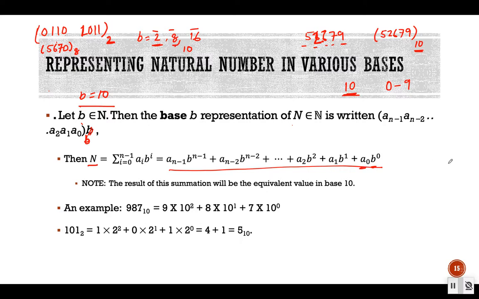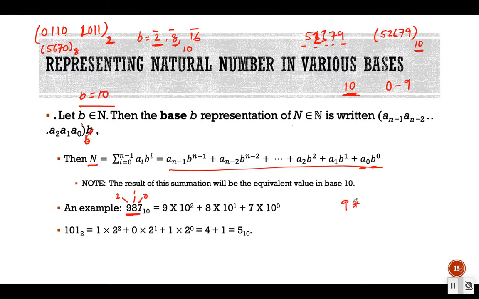Say, for example, we have the number 987 in base 10, we can represent it like that. So 7 is the place 0, 8 is the place 1, and 9 is the place 2. So we can represent it like that.